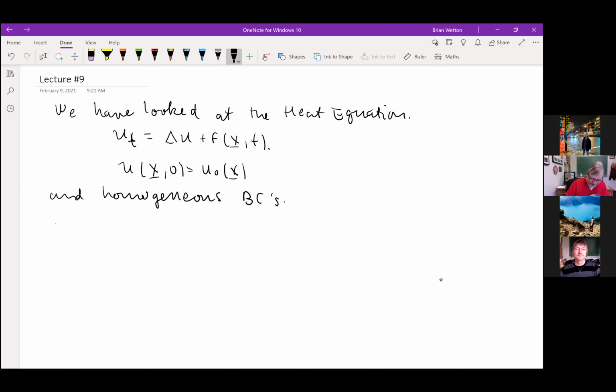We've also looked at the Poisson problem. Well, you can think of the first boundary value problem that we looked at in 1D as a 1D Poisson problem. Typically, it's only called a Poisson problem if it's in higher dimensions.